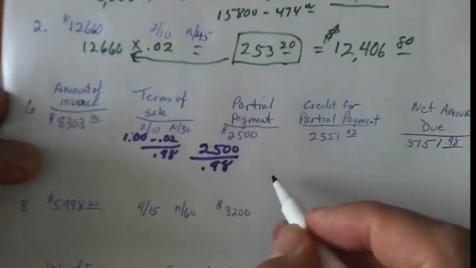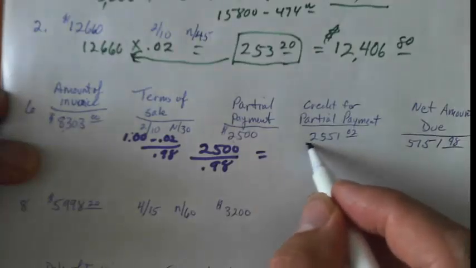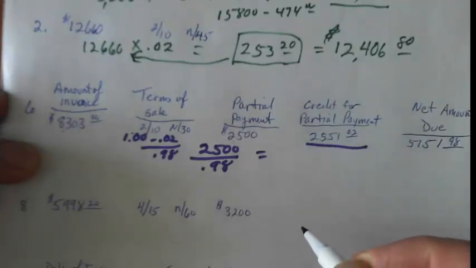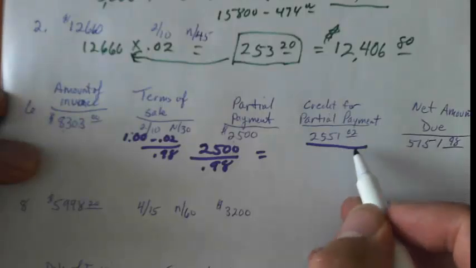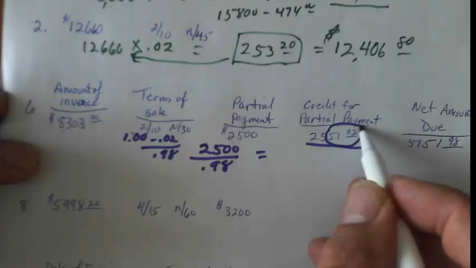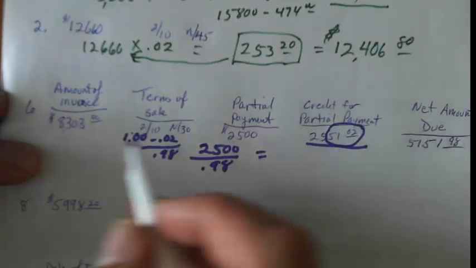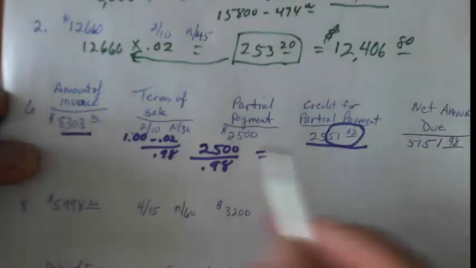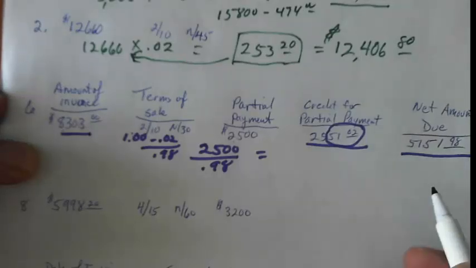Divided by 0.98 equals 2,551.02. So you got your payment and the additional 51.02 discount, subtract it all from the total, and that's how they got the net amount.